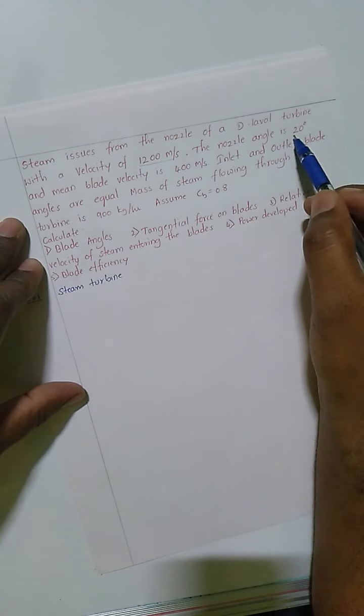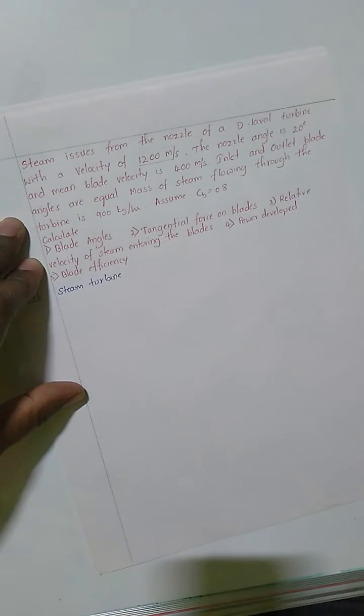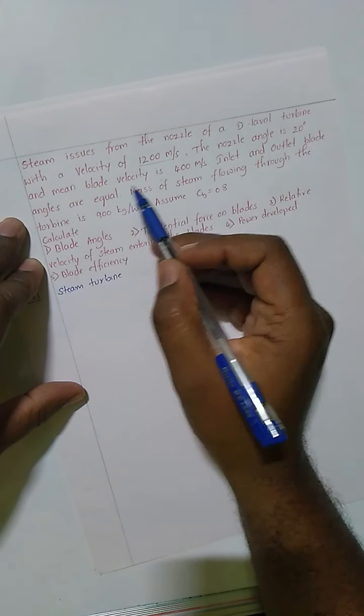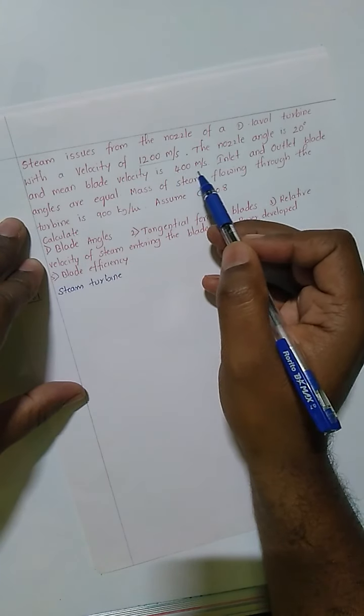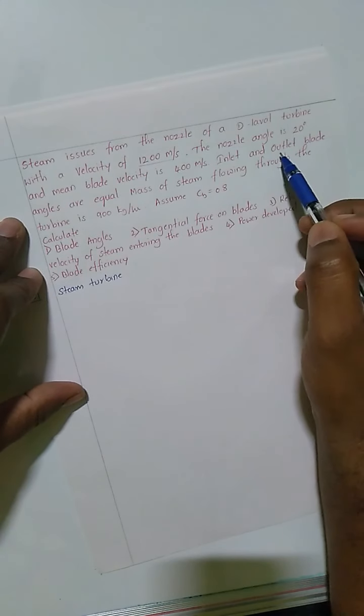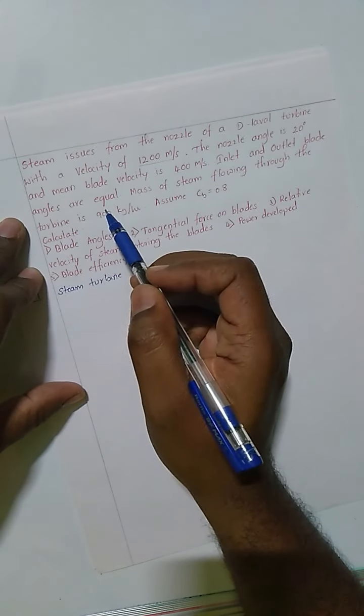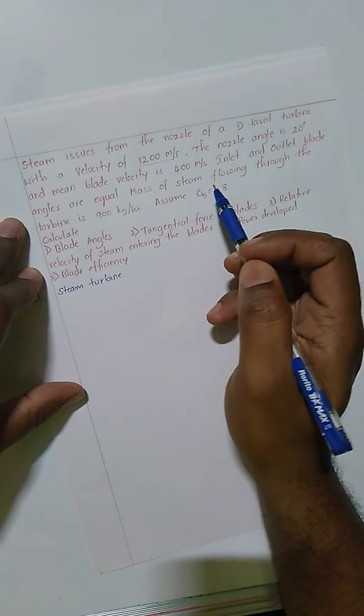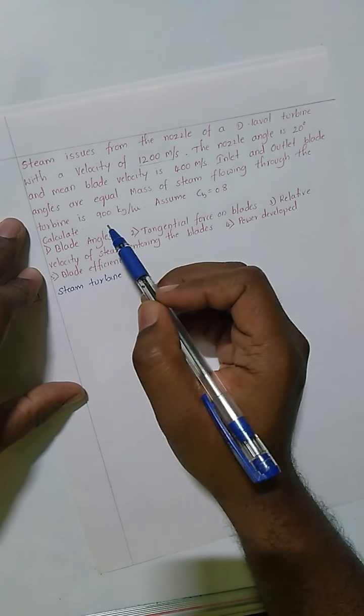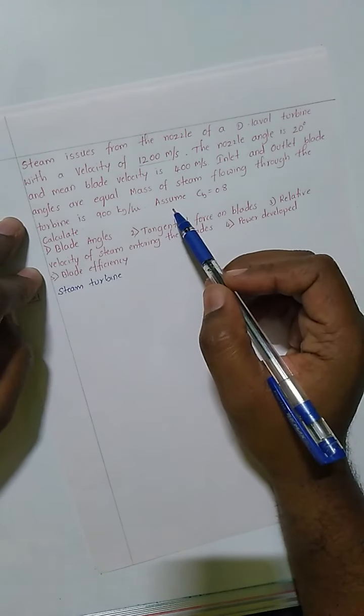The nozzle angle is 20 degrees and mean blade velocity is 400 meters per second. Inlet and outlet blade angles are equal. Mass of steam flowing through the turbine is 900 kg per hour.